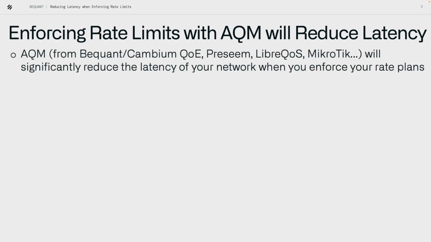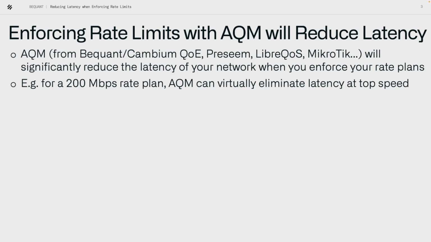If you use, however, active queue management from Bequant, Cambium QoE, Preseem, LibreQoS, MikroTik, you will significantly reduce the latency of your network when you enforce your rate plans, almost virtually eliminating it.